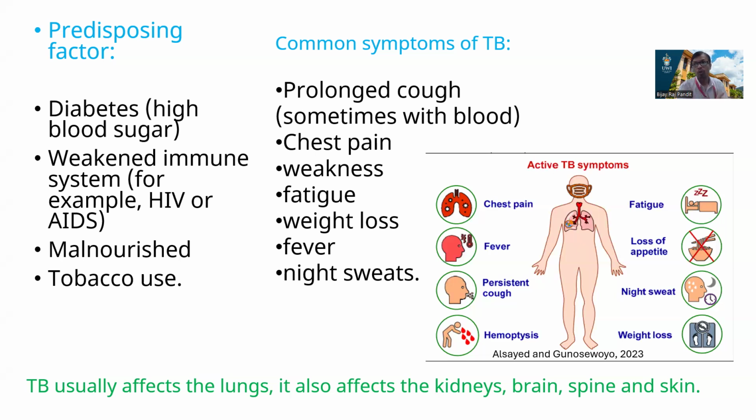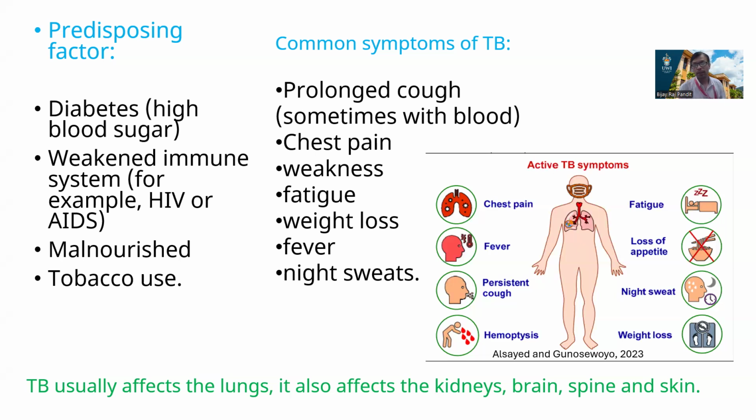A small amount of blood tint will also appear in the sputum. Chest pain, weakness, fatigue, weight loss, fever, and night sweats. So these are the most common symptoms shown by the infected individuals.